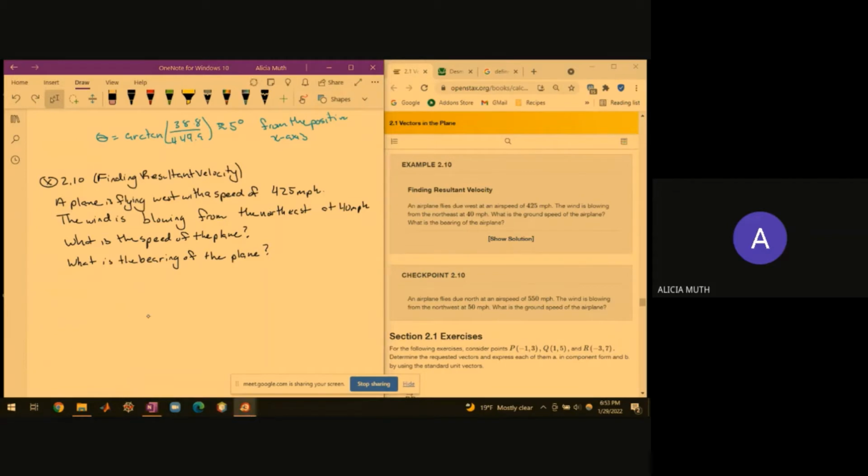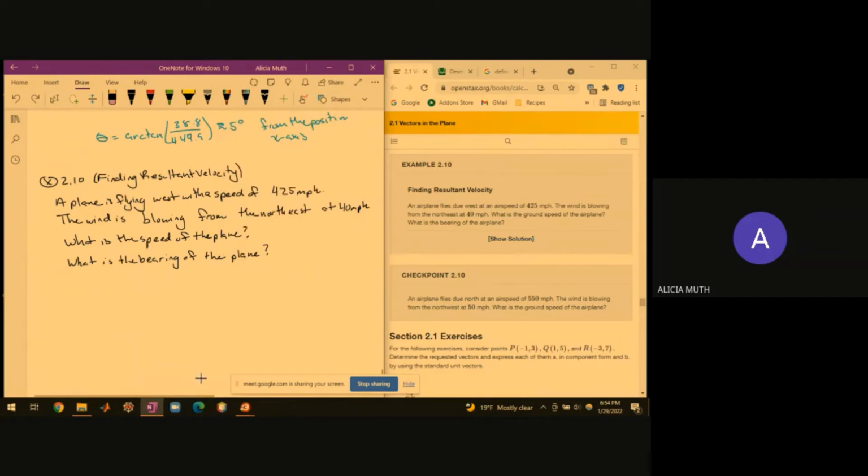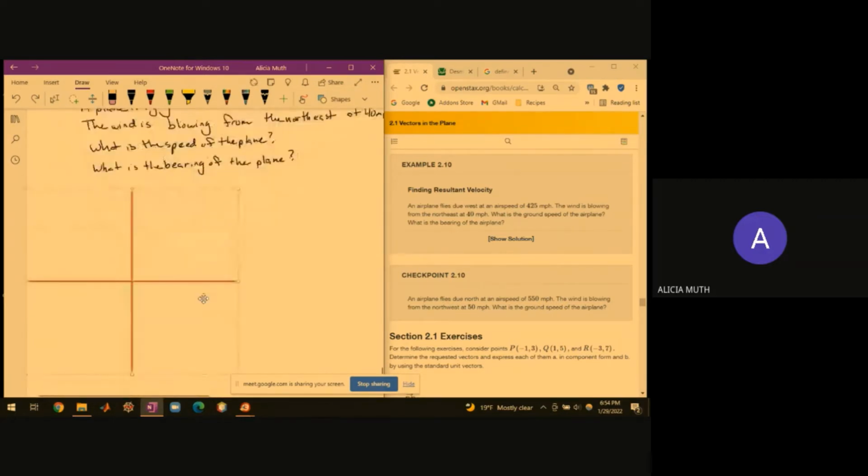Okay. Oops. Sorry guys, my whiteboard. All right, so I'm going to start off by drawing a picture. I'm going to throw in the coordinate plane for us to work with.